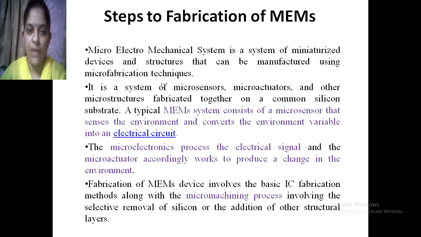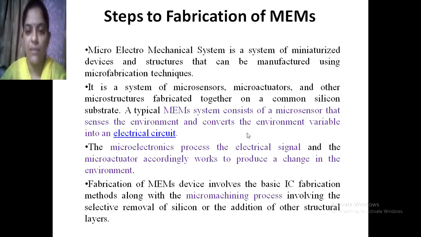A microelectromechanical system is a system of miniaturized devices and structures that can be manufactured using microfabrication techniques. It is a system of microsensors, microactuators and other microstructures fabricated together on a common silicon substrate.